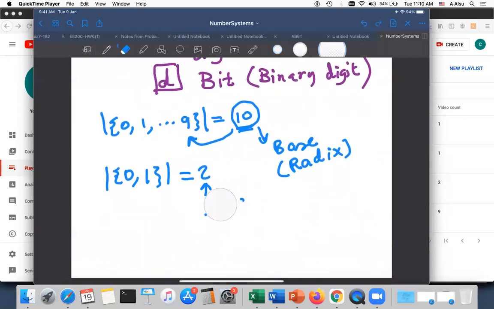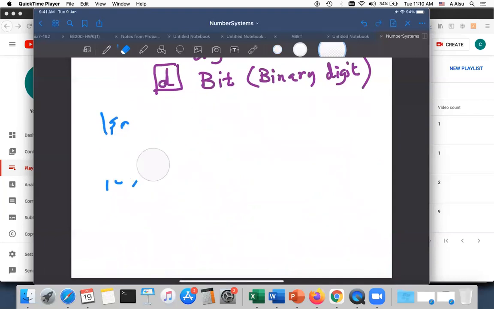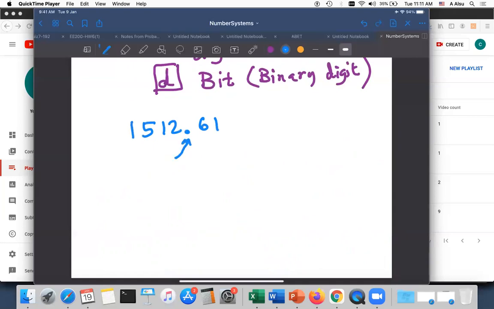The radix point is something, so if I tell you, using the number system that we are familiar with, which is the decimal system, I say 100 or 1,512, and then I say there's a fraction of 61 here, and it is in decimal. This is a decimal number system. What do you call this thing here?